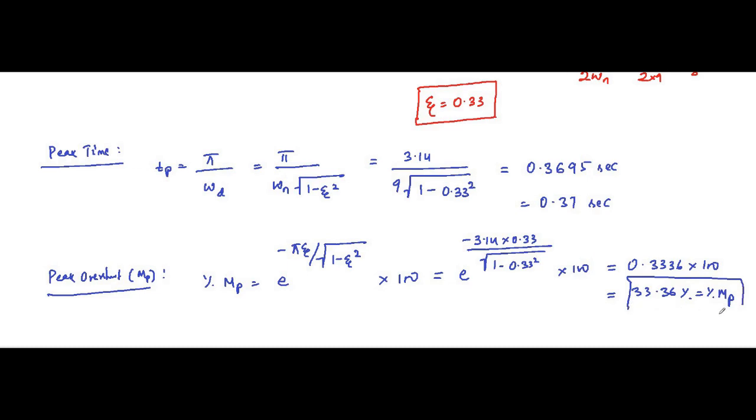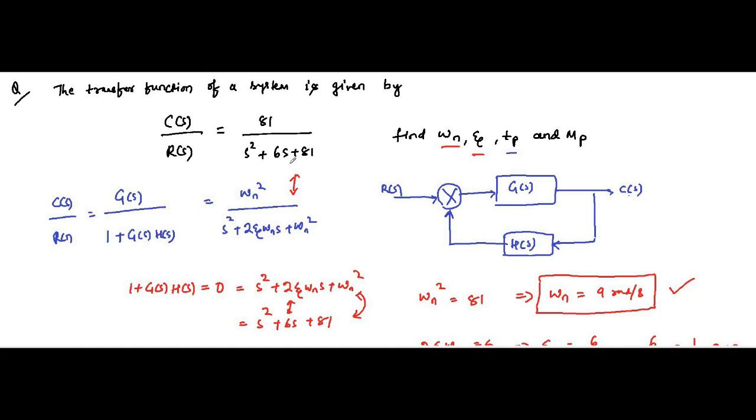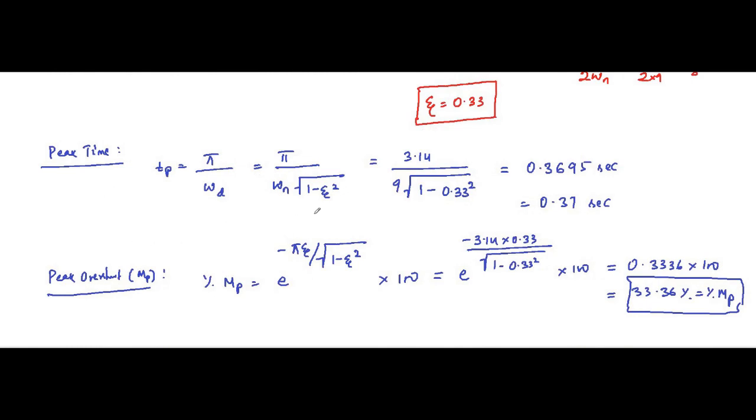So here we were given this closed loop transfer function, which was a typical second order system. We compared the characteristic equation and determined the parameters omega n, the undamped natural frequency, then the damping ratio, and the remaining parameters which were dependent on these two were simple, putting the values in the formula and getting the answer.